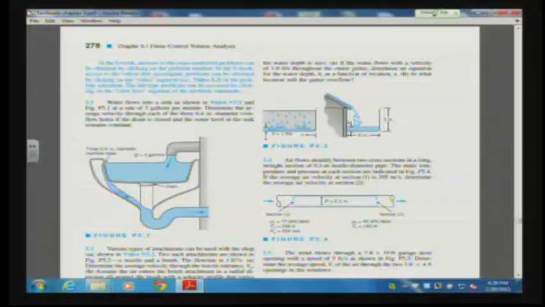So basically, we have a faucet, and we have a volumetric flow rate of 2 gallons per minute emptying into a sink. And it says determine the average velocity through each of the 3.4-inch diameter overflow holes if the drain is closed.